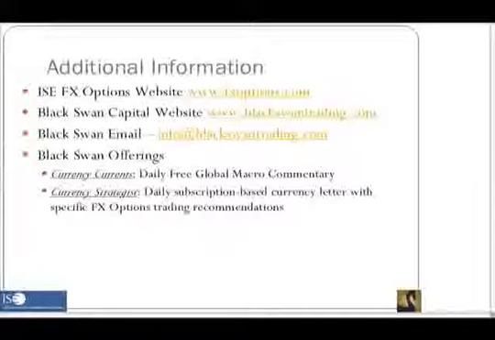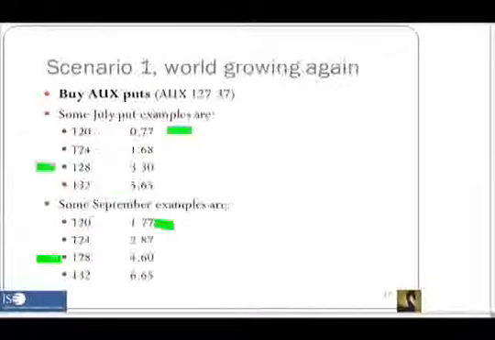So area one, can you see that, Jack? Yes. Yeah, so, back to the point, that if the world is growing and commodities are, of course, in demand, well, more than likely the Australian dollar is going to be in demand, and therefore the U.S. dollar would sell off. So here are a couple of option plays, buying the 128 put in either July or September.